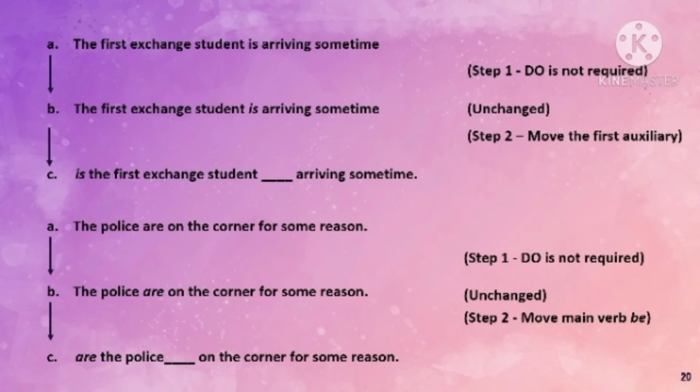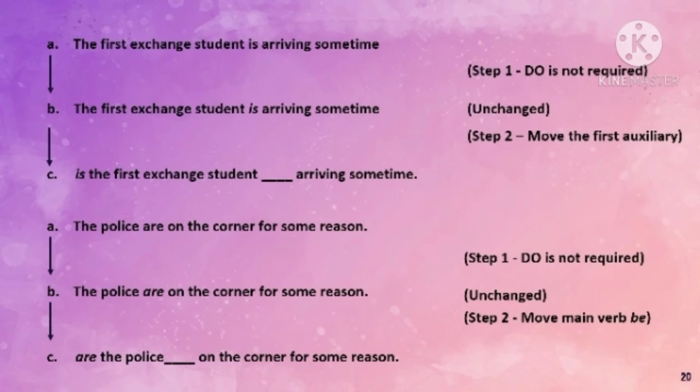The third example that we have is the declarative sentence: the first exchange student is arriving sometime. In this case, the third sentence doesn't also require the word do because, same as with the previous reasons, it has an auxiliary, which is the word is.